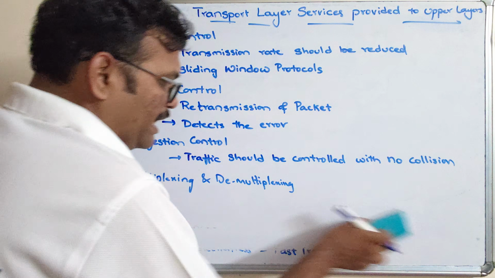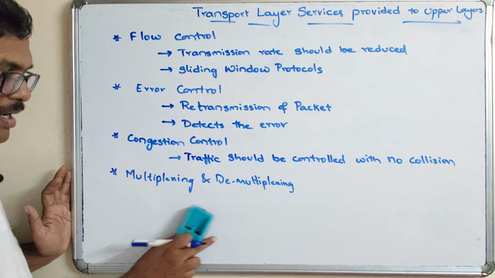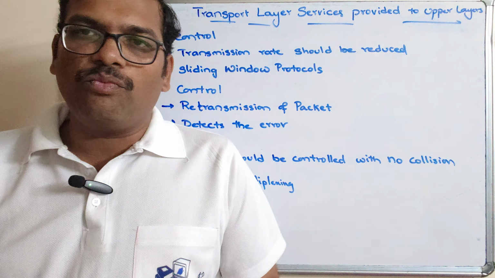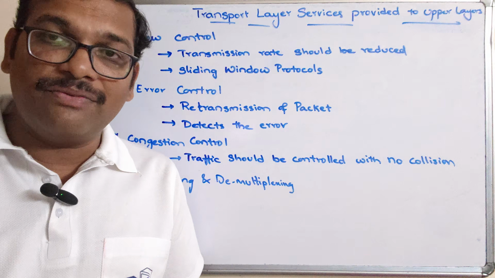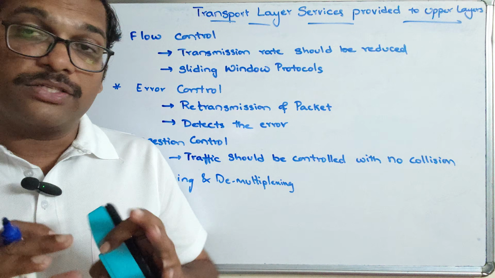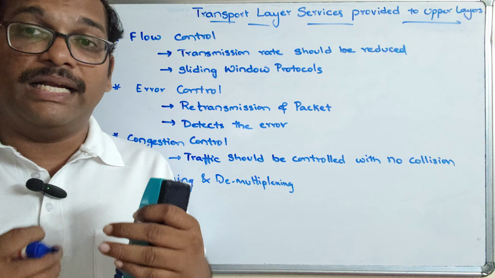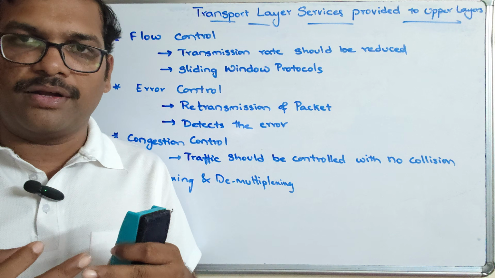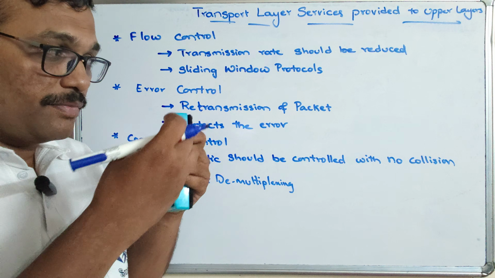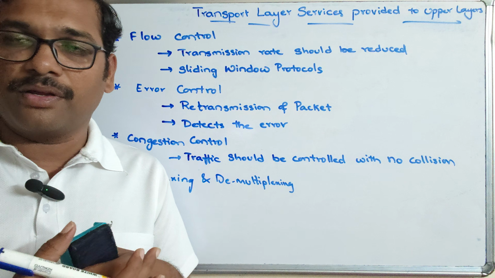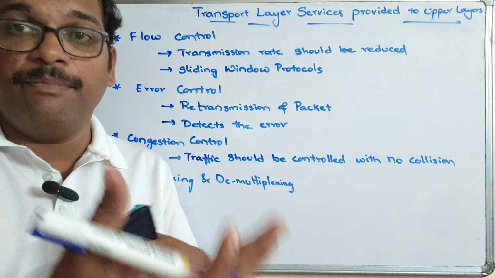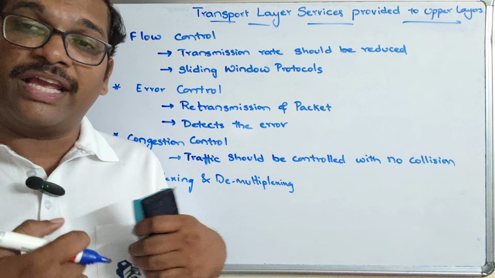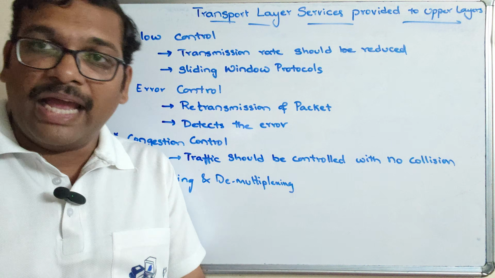Multiplexing means that it doesn't mean only one data or one application will be used at a time. There is a chance that multiple applications will communicate, and the data can be transferred. For example, we can use email and share files, both at a time.